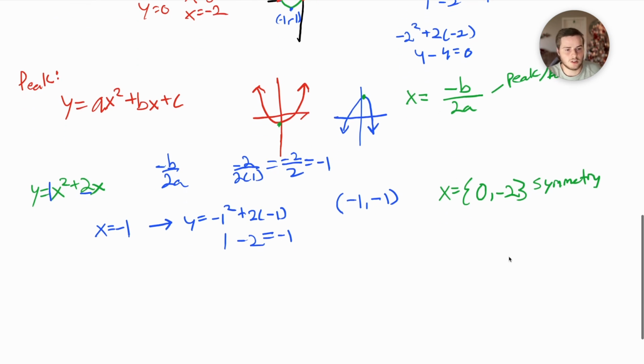So since in the quadratic equation, we're going to have this U shape, and we're going to have 2 points, we know that the middle is going to be exactly in between those 2 points. So we know from our math earlier that the middle is at -1. However, if you already have the roots where y equals 0, what you can do is find the middle point. So 0, and then let's draw a little number line.